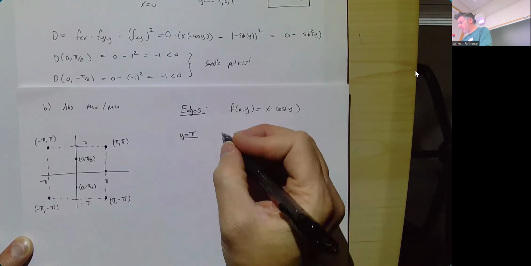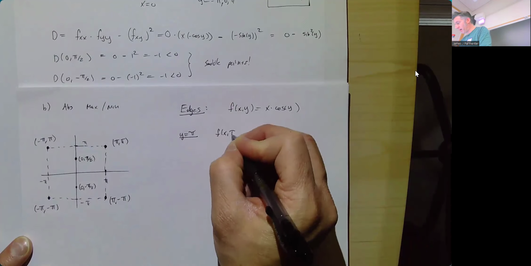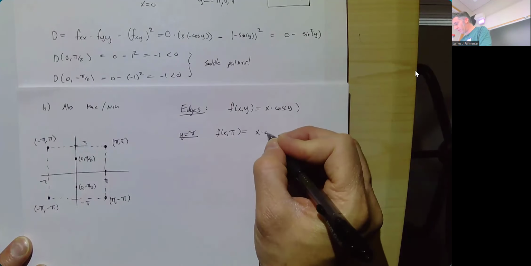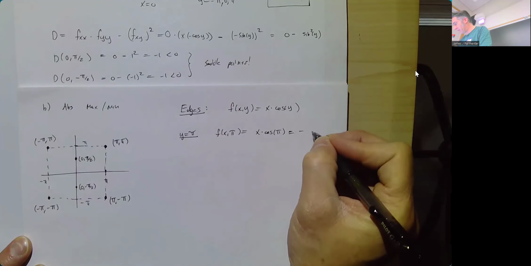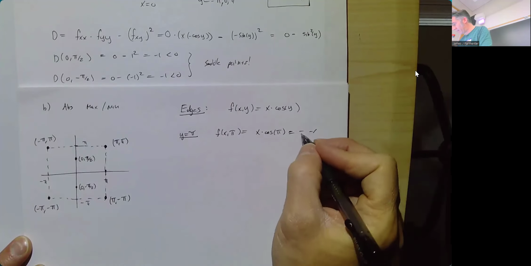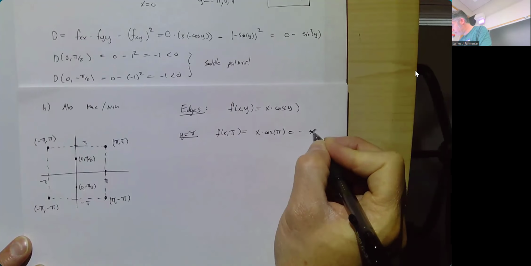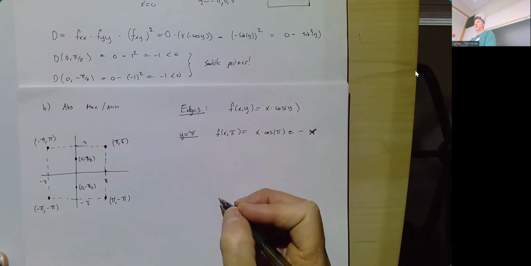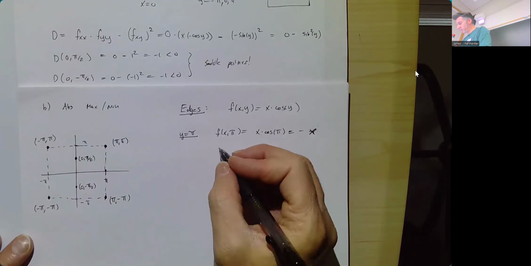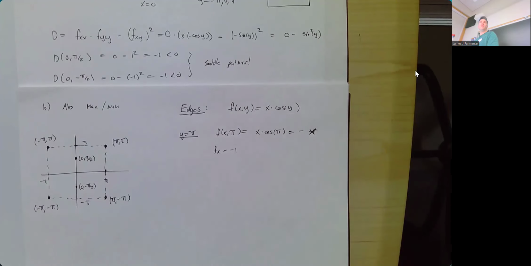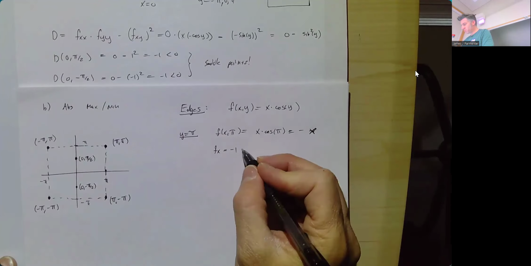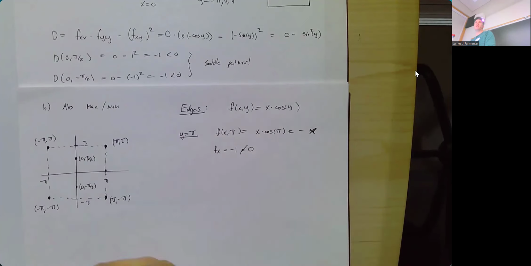If y equals pi, then f of x comma pi is equal to x times cosine of pi, which is negative x, because cosine of pi is -1. And then if you take the partial derivative, you're going to get -1, which never equals 0. Meaning you don't get any edge values.